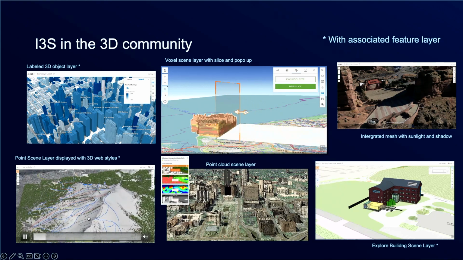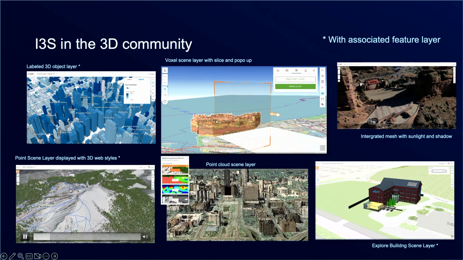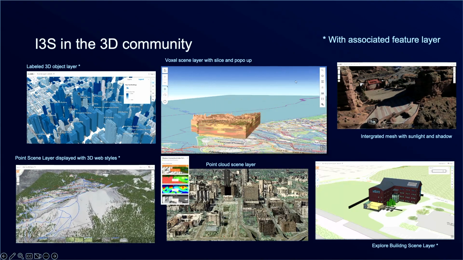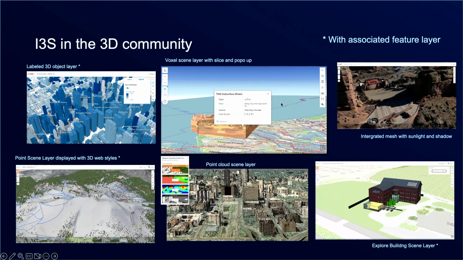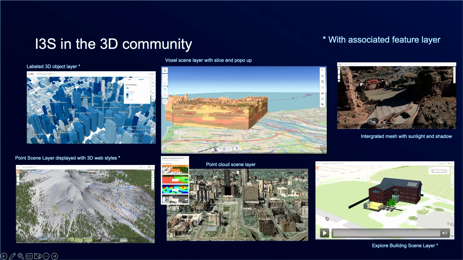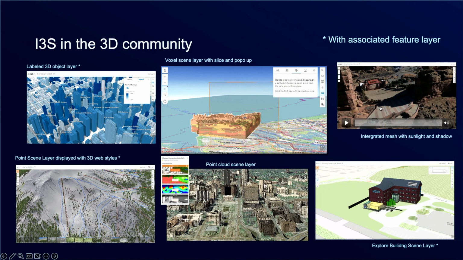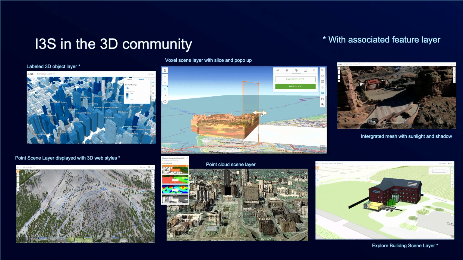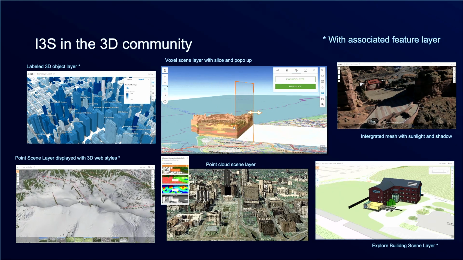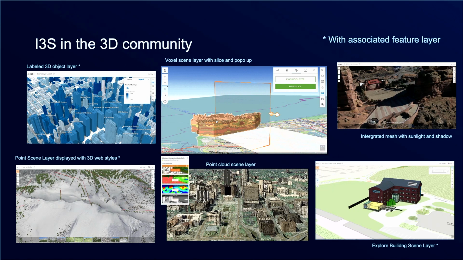So you have the point cloud scene layers displayed with 3D web styles. You have the labeled 3D object layer up here, the voxel layer, the point cloud layer, the building scene layer, and the integrated meshes.